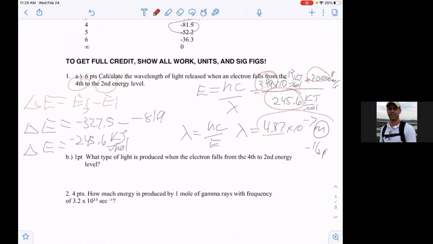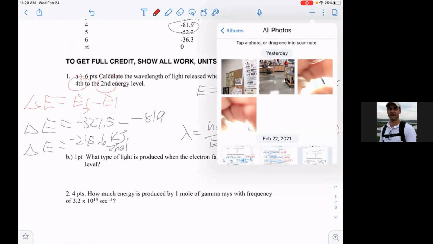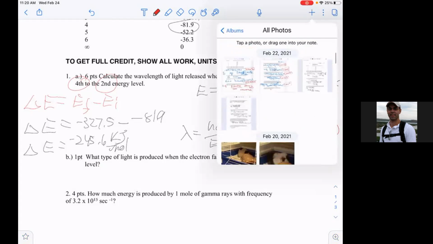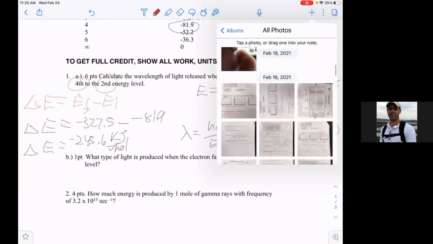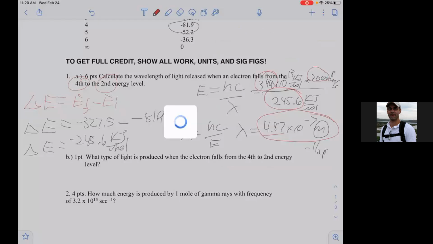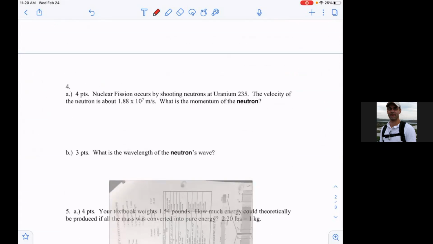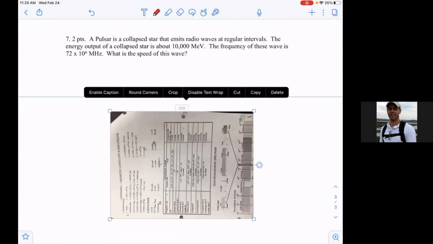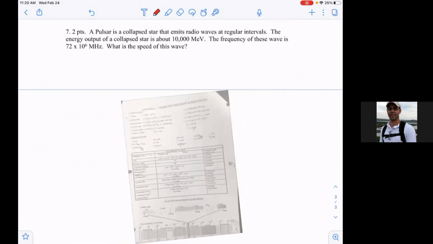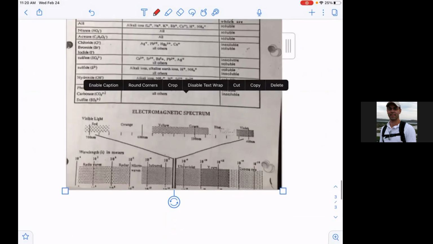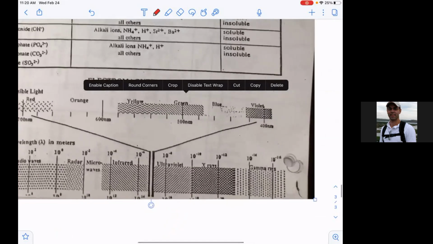Now, what type of light is this? So we go to our chart.